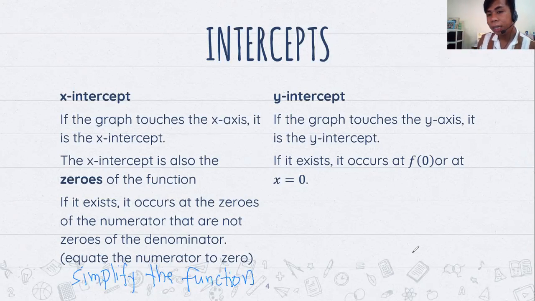So kapag tumawid, dumikit, or nag-meet yung graph natin mismo sa y-axis, that is what we call the y-intercept. And kapag yun ay nag-exist, yun ay computable, yun ay nasa-solve at f of 0, or para mas madaling masabi natin, f of 0, x is equal to 0.